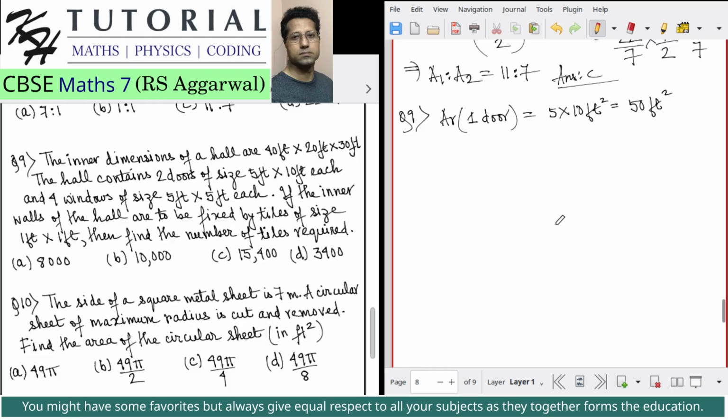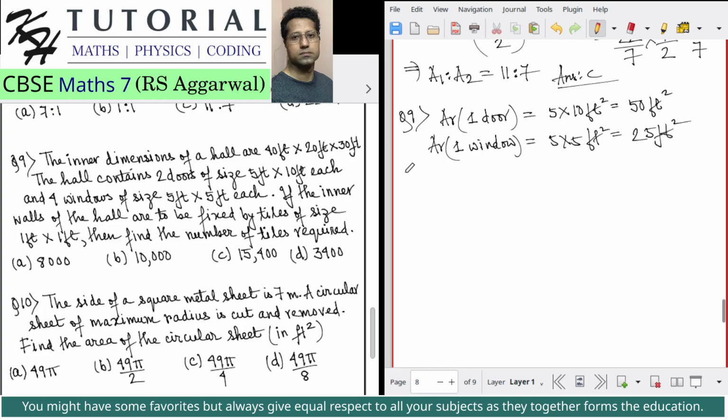What is the area of a window? One window. The dimension of each window is 5 feet by 5 feet. So this is 5 multiplied by 5 feet square, which is equal to 25 feet square.